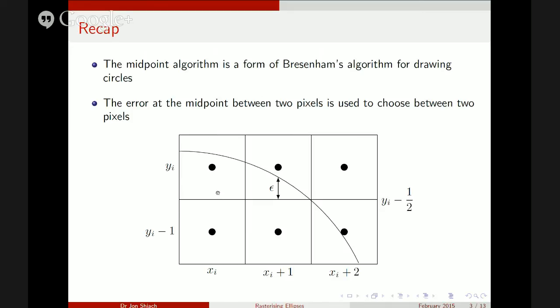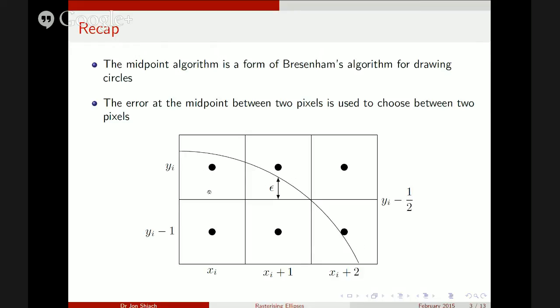So given this diagram, a very simple raster, let's say this pixel here at x, y has been illuminated, and this is our idealized image. This is the circle, or the arc which is part of the circle, which we want to try and illuminate.